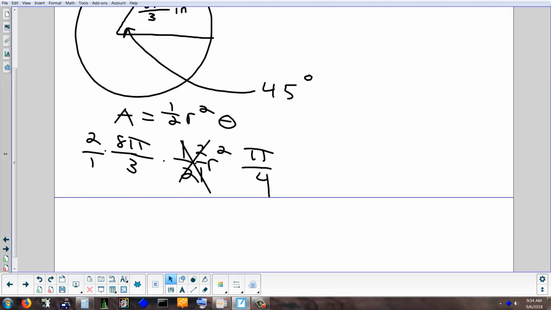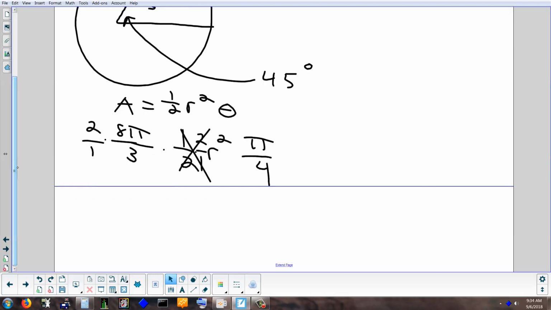When you multiply each side by 2, the 1/2 on the right cancels. You end up with 16 pi over 3 on the left. We still have r squared times pi over 4.